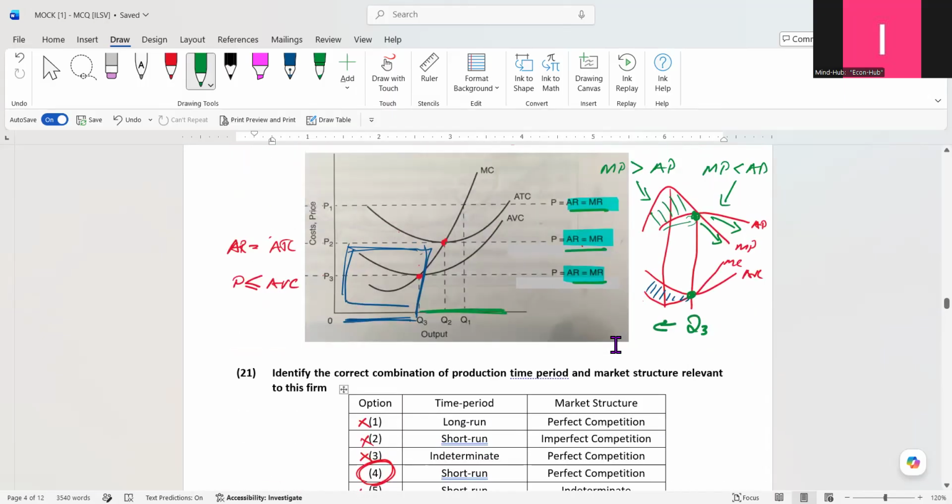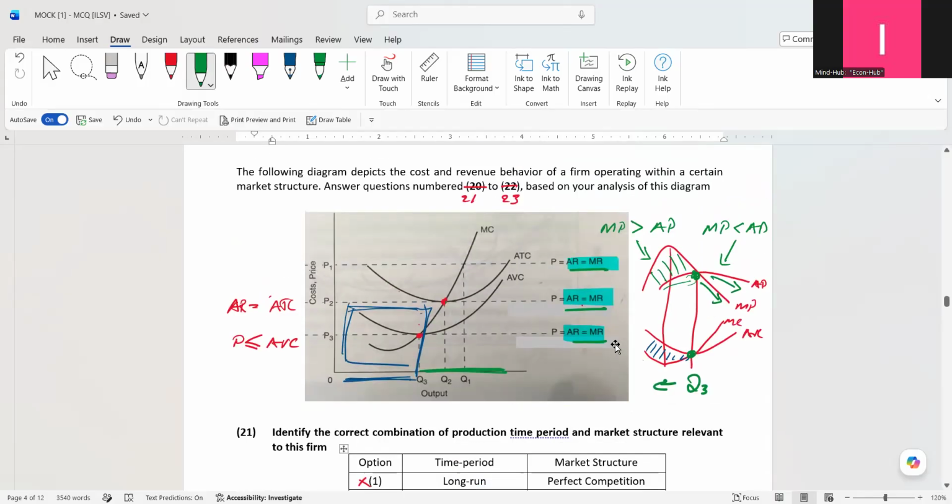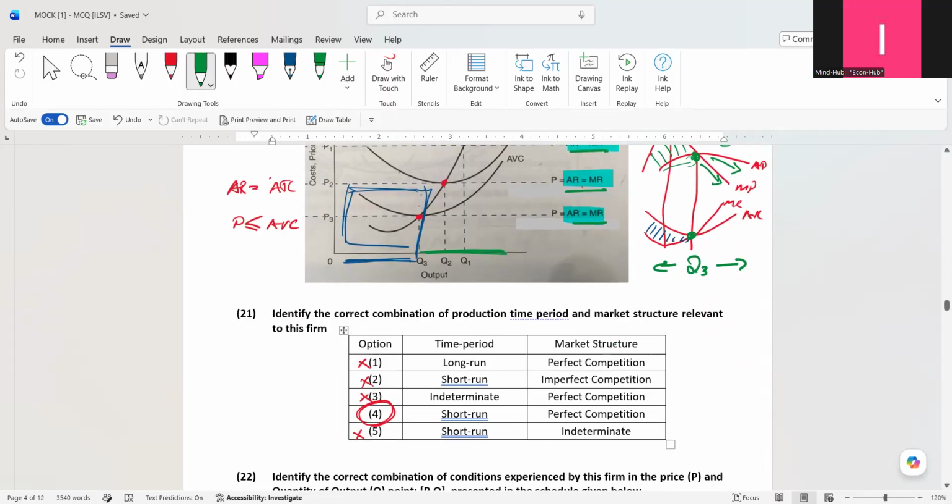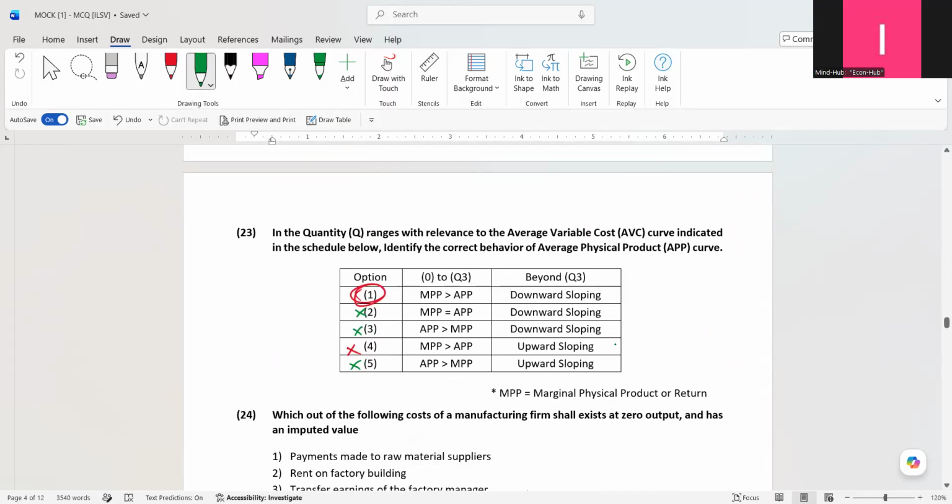Then on this side, that is beyond Q3, MPP is lower than APP, that changes, and both are downward sloping. APP and MPP are both downward sloping. We are to talk about average product, no?